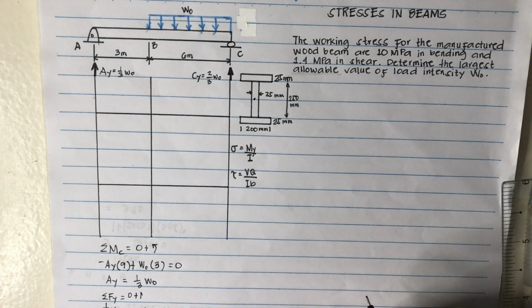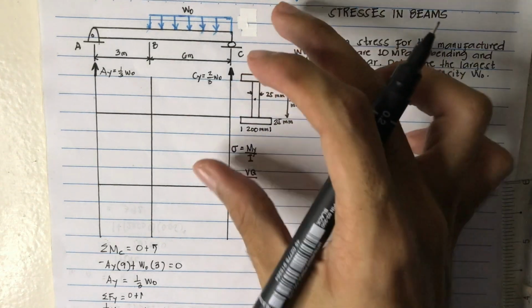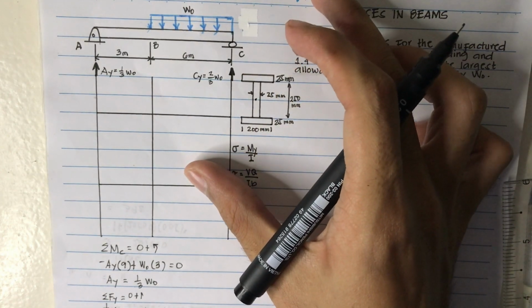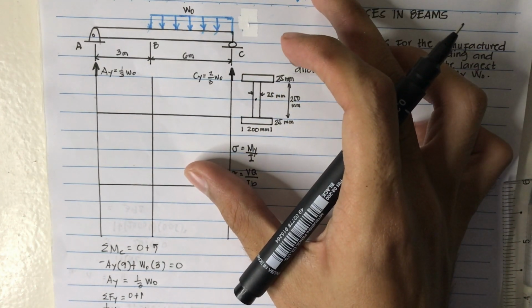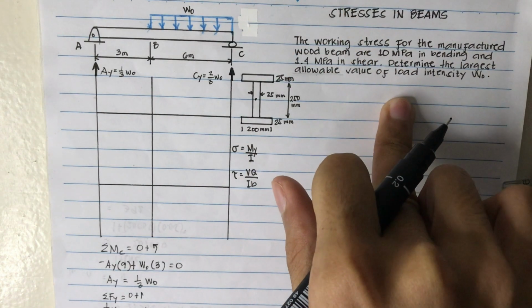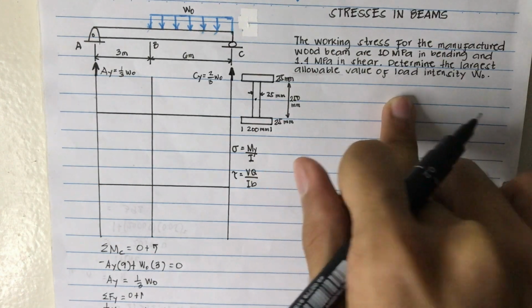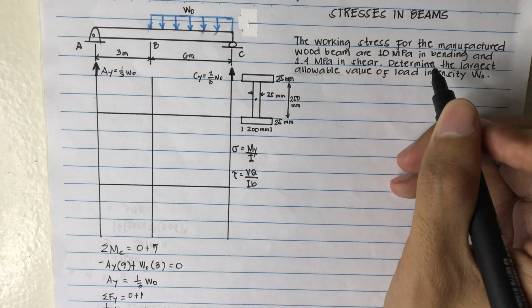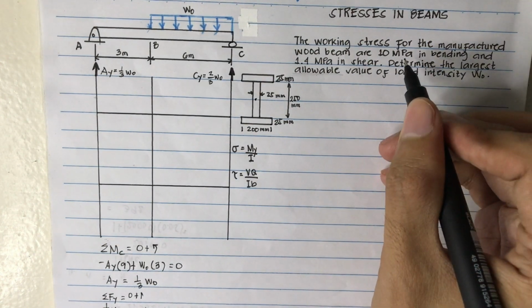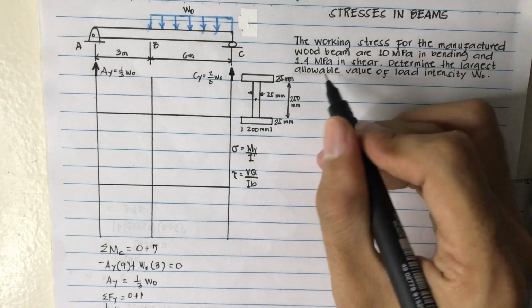Since we have the reactions, we were asked to find the largest allowable value. We are given the bending stress of 10 megapascal and 1.4 for shear.